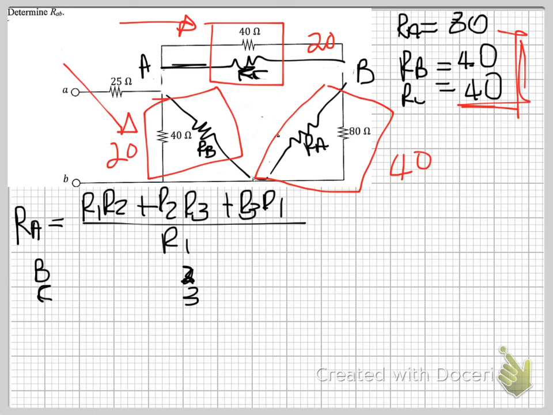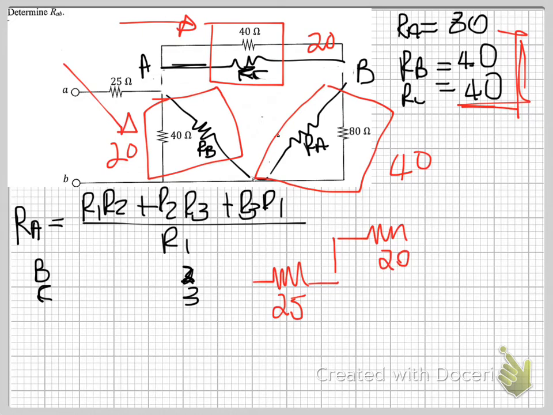So now we have to redraw the circuit, okay? So this means what we have now is our 25 here. Then we have what is happening here. Two 40s in parallel gave us a 20.